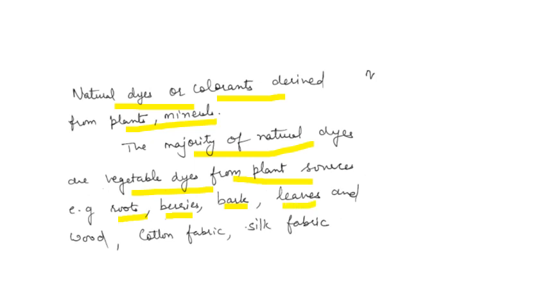So all the plant parts, from roots, berries, bark, leaves, as well as wood, from which it is derived, are called natural dyes, and it is used to color cotton fabrics and silk fabrics. One example of a natural dye is the indigo dye.